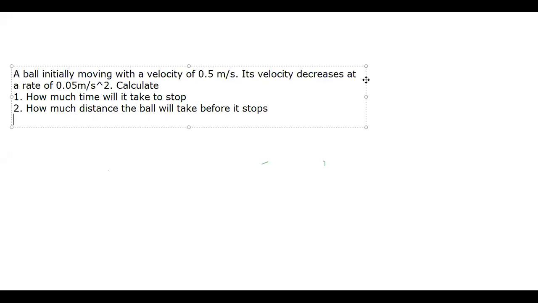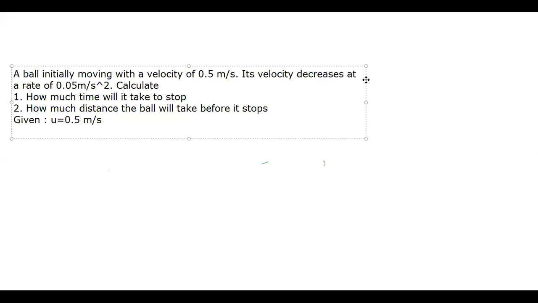Now, very important for us to write down the given. A ball is initially moving with a velocity, so my U is clear. How much is U? It is 0.5 meter per second. Its velocity decreases at a constant rate. Now understand, velocity is decreasing at a constant rate, means that is our retardation. Very good, beta.